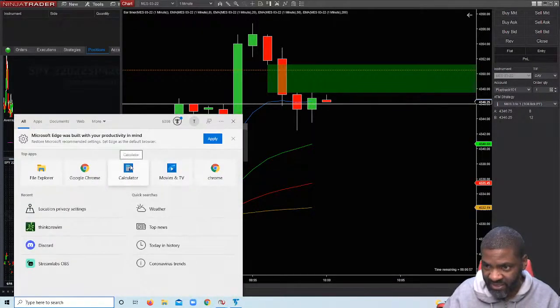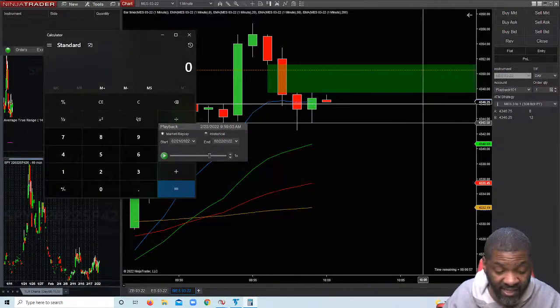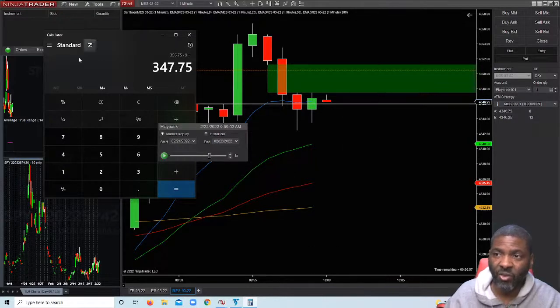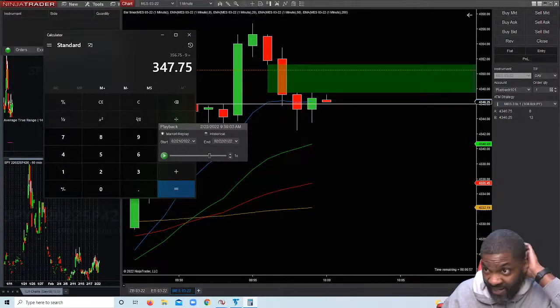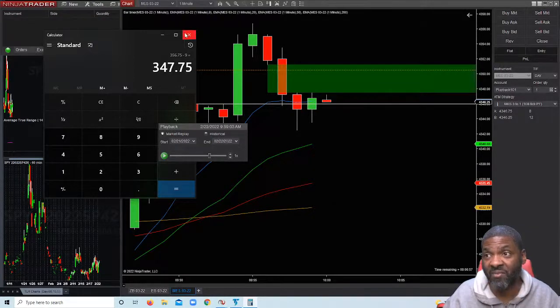I got to check to see if this is where I need to get in for my max loss that I'm willing to take. So 356.75 minus 9. I can't get in no lower than 347.75 or it's going to be outside my max risk tolerance, right?